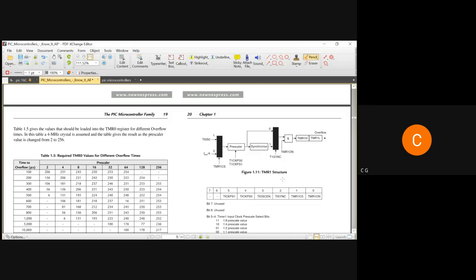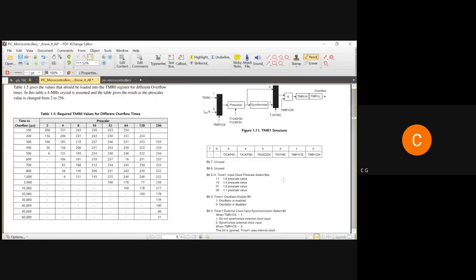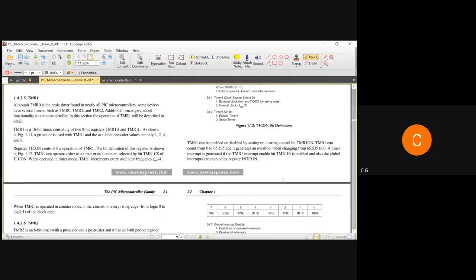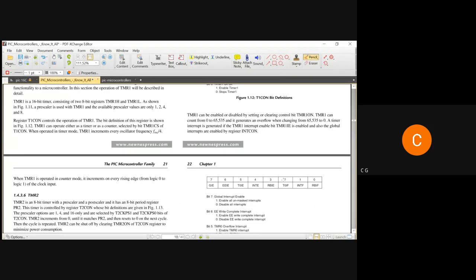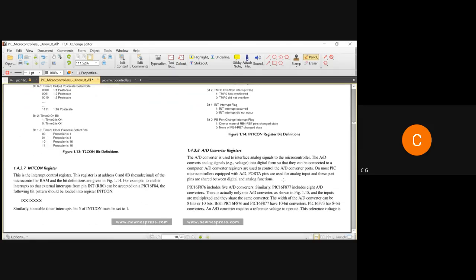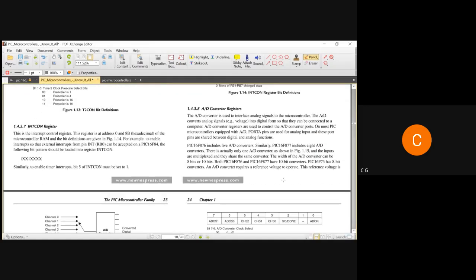They have their own additional role, and since we are sticking to the 16F84 with only TMR0, we will not go into much detail, but at least you can read it for your interest. INTCON register is an interrupt control register.